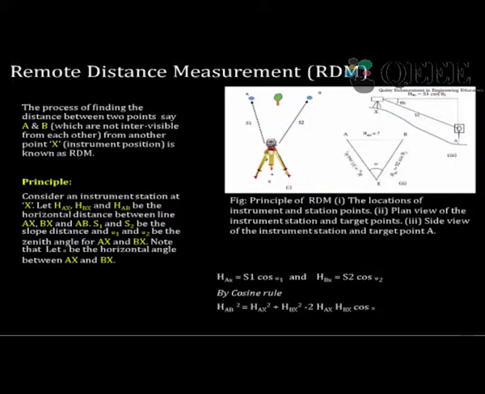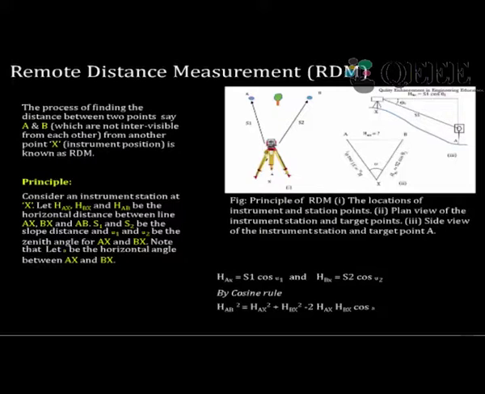Using the remote distance measurement mode in the total station, we can easily find the distance between points A and B. For this, you have to consider the instrument station at X, from where you can see point A as well as point B. This is the criterion.